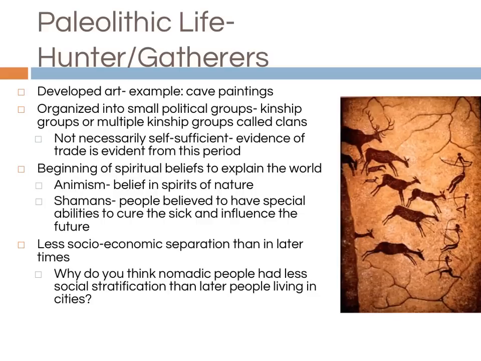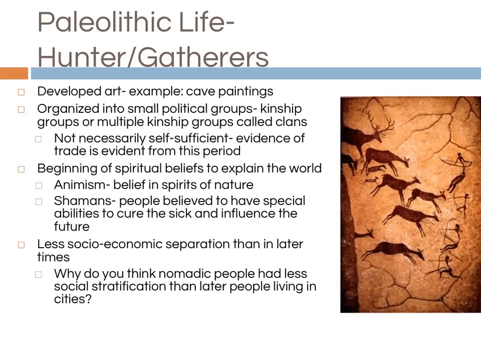Politically, which means government, the Paleolithic people were organized into small groups around kinship, which is like extended family. Multiple kinship groups that may have moved together to follow the animal herds are called clans. So they didn't have a formal government like we think of today, but generally the elders, the oldest people in the group, would kind of be looked at to make decisions.